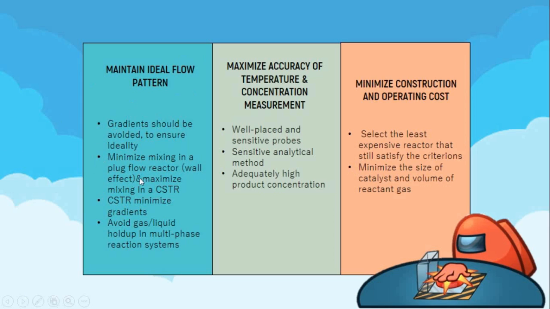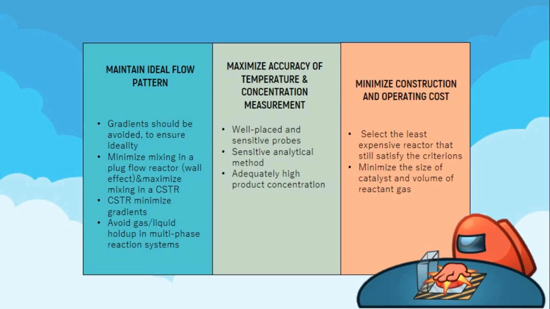We should also maximize mixing in a CSTR since it is a well-mixed reactor and it minimizes gradients. We should also avoid gas or liquid holdup in multi-phase reaction systems. Holdup is a slippage where the phases, either liquid, gas or solid, have different velocities, affecting the flow of the reaction.